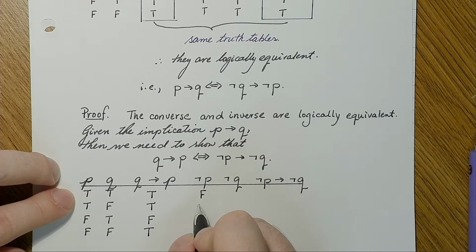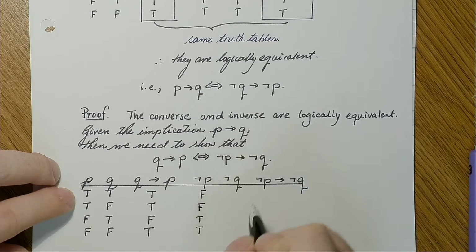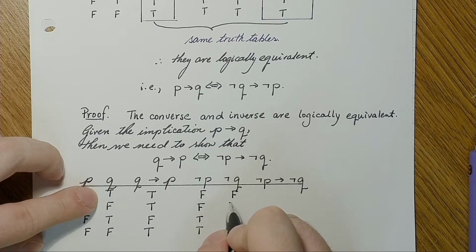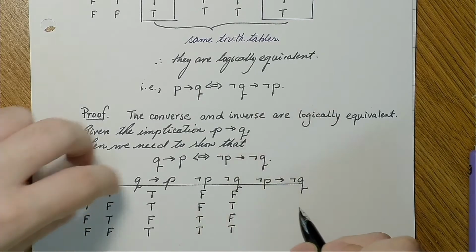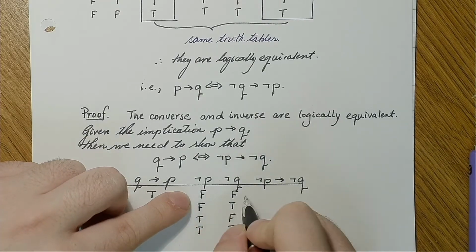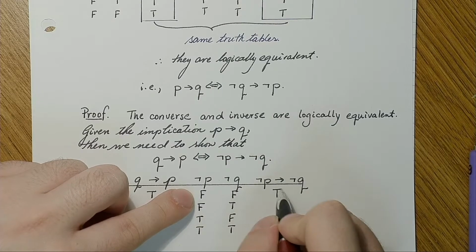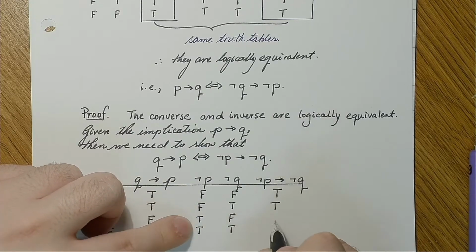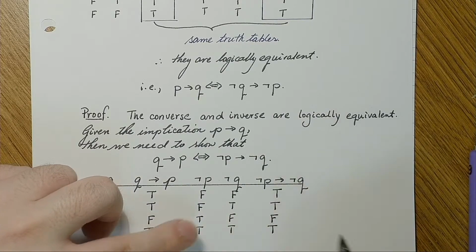Flipping P, flipping Q, and doing the implication. So this is true, this is true, this is false, and this is true.